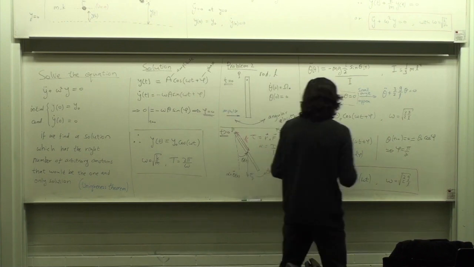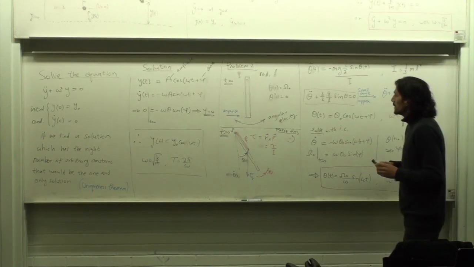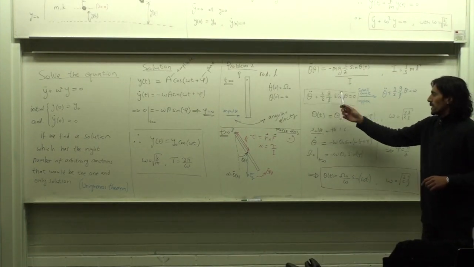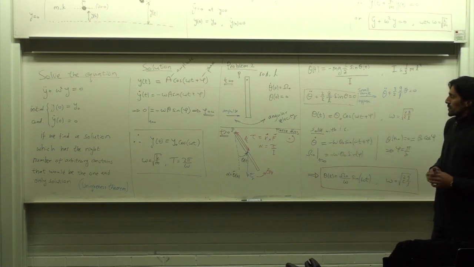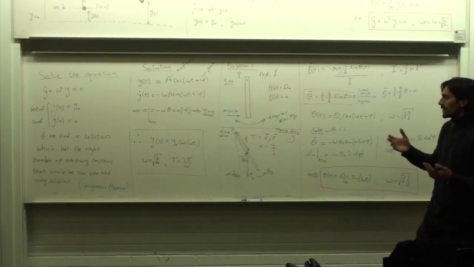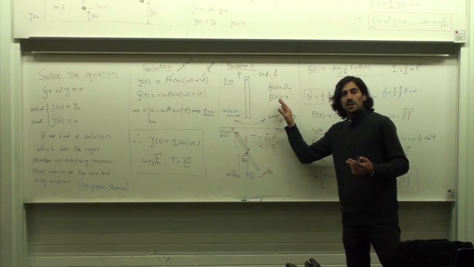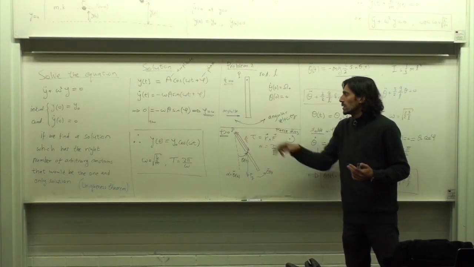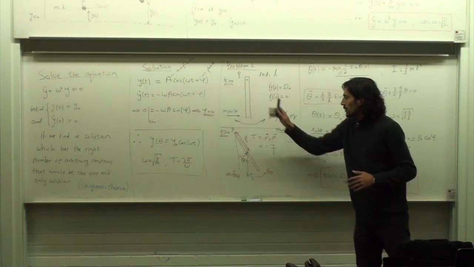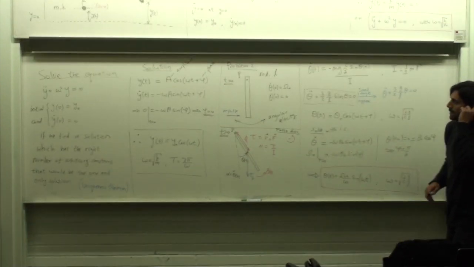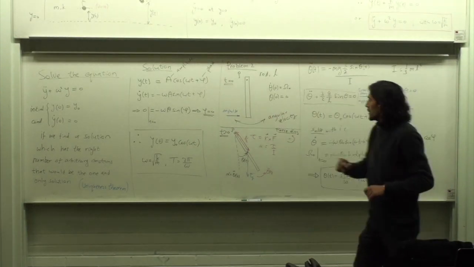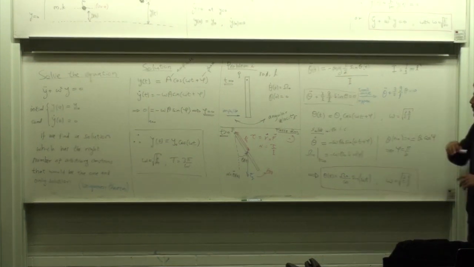But if you want to solve it analytically, then we can make use of the small angle approximation if the physical problem allows that. So if we are looking at small angles for the movement from one side to another, then you can make use of the small angle approximation.